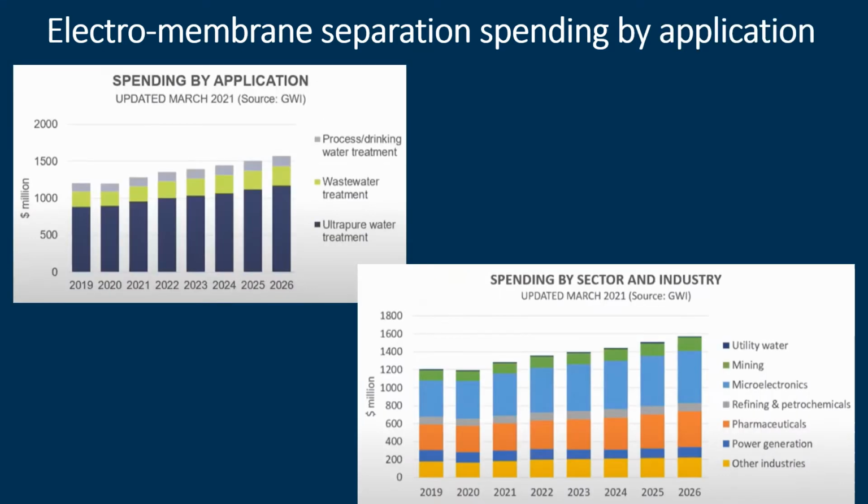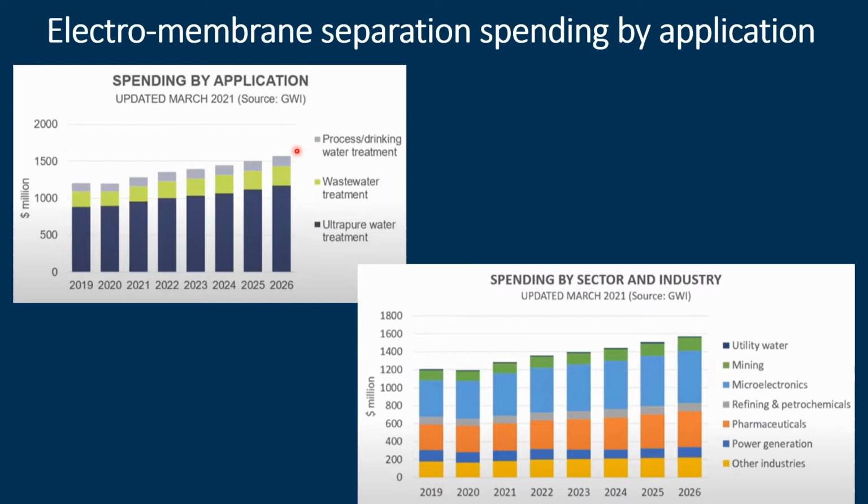electro-membrane separation. Also, you can see the application where is the most suitable place to apply electrochemical processes. You can see ultra pure water treatment is one of the most reliable for these electrochemical processes, followed by wastewater treatment and process drinking water treatment.